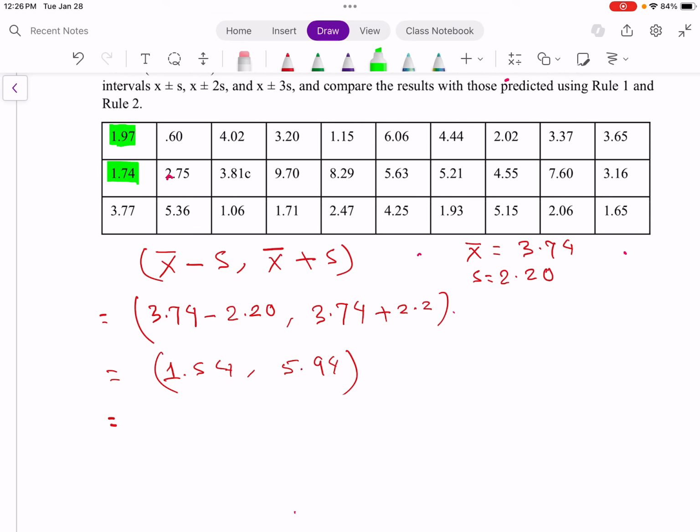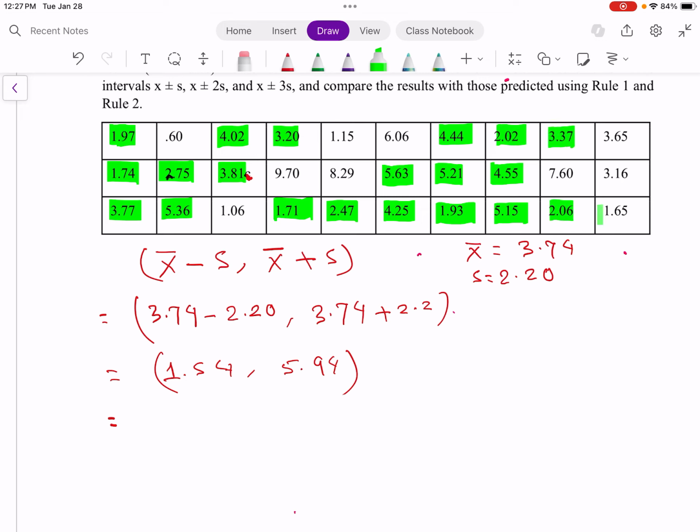1.74, 2.75, 3.77, 5.36, 3. Okay, this C is by error. 3.81, 4.02, 3.20, 1.71, 2.47, 4.25, 5.63, 4.44, 5.21, 1.93, 5.15, 4.55, 2.02, 3.37, 2.06, 1.65, 3.65, 3.16.